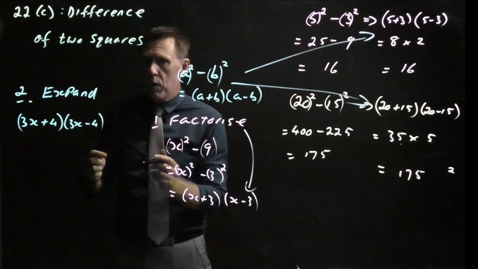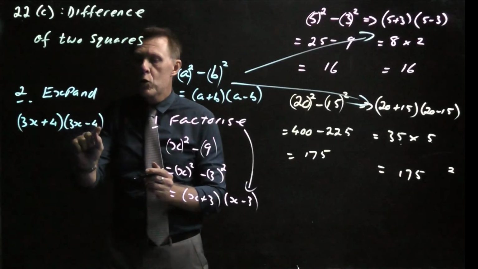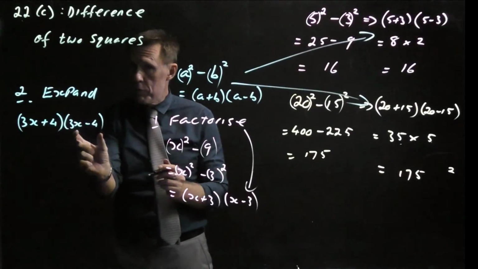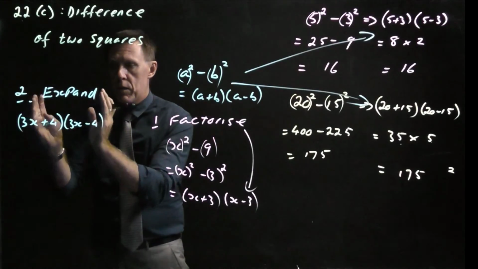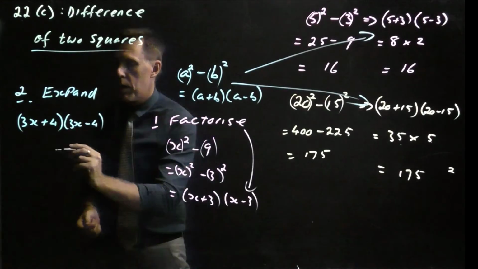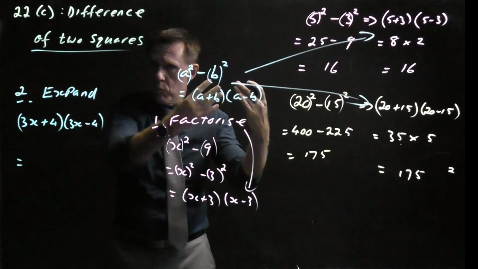If it is, you'll have two numbers in one of the brackets added together, and the same two numbers in the other bracket subtracted from each other. So if you have this pattern set up, you should recognise that it is the factorised form of a difference of two squares. So when you come to expand it, it's this done in reverse.